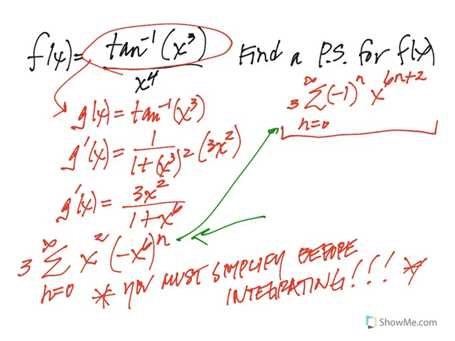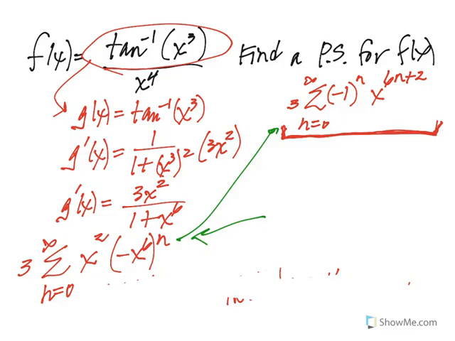Now again, I need to integrate it because this underlined portion right here is not the power series for the arctan of x cubed. It's a power series for the derivative of the arctan of x cubed. In order to get what I need, that is the power series for the arctangent of x cubed, I must integrate that.